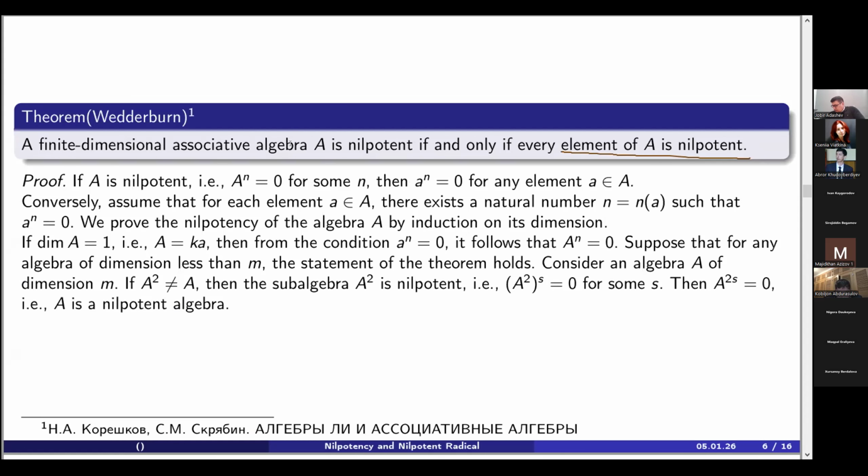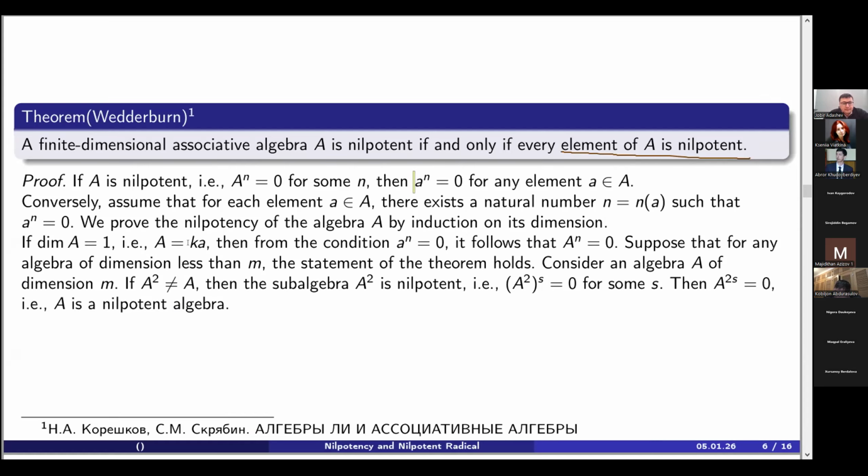Proof. If A is nilpotent, then A to the power of n is equal to 0 for any element A in the algebra.